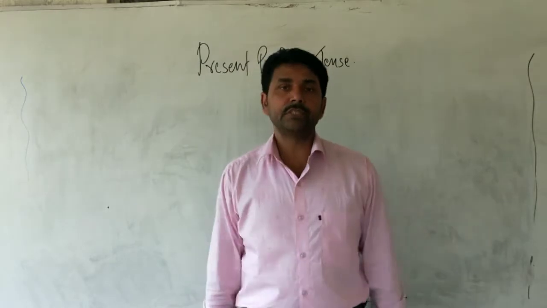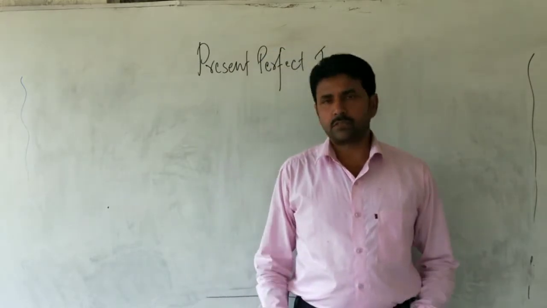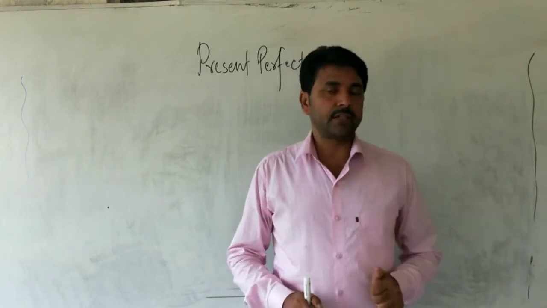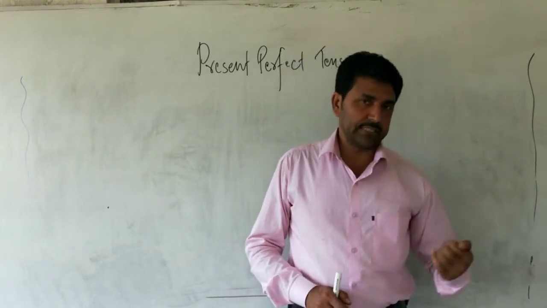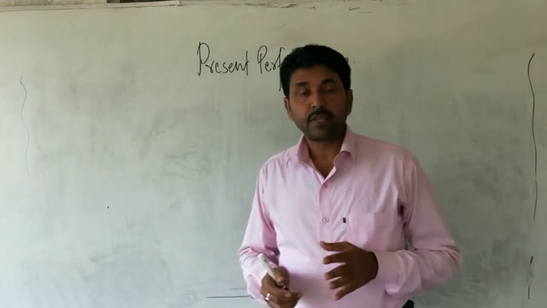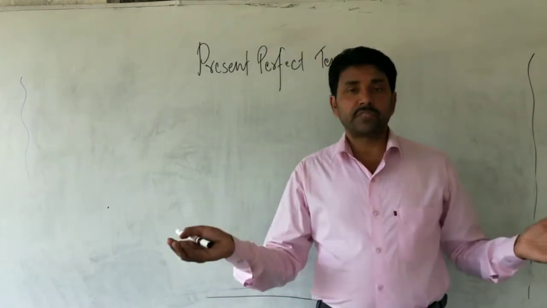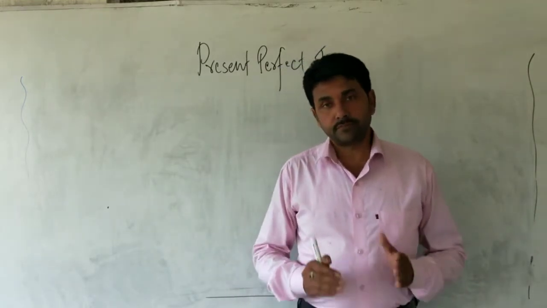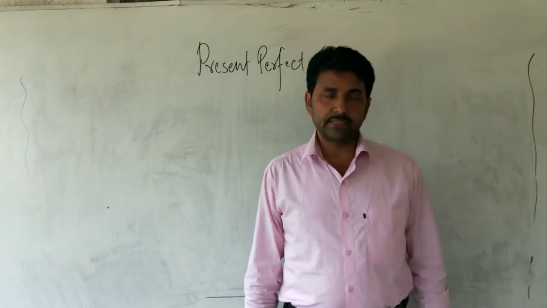The action is important, not the time. If we know the exact time, then we use another tense, that is past simple. But if we don't know the time or the time is not important, then we use present perfect tense.